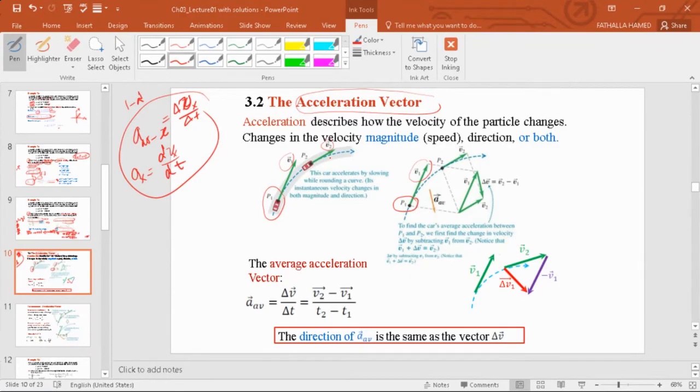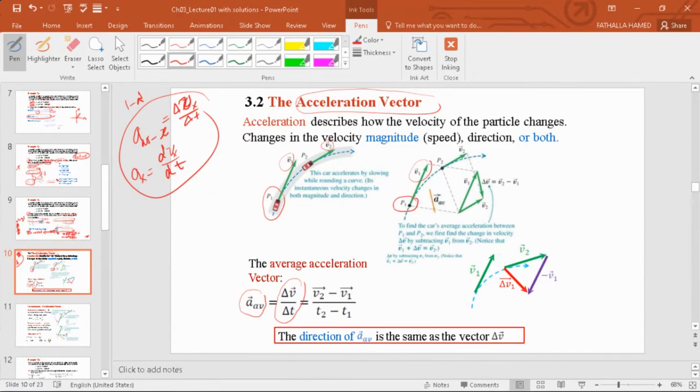Now you want to get your average acceleration, and again I remind you, we don't have the x subscript here because you are dealing with 2 or 3 dimensions, so you don't have to put that, it will be inside, which equals delta v by delta t, which should equal v2 minus v1 over t2 minus t1.